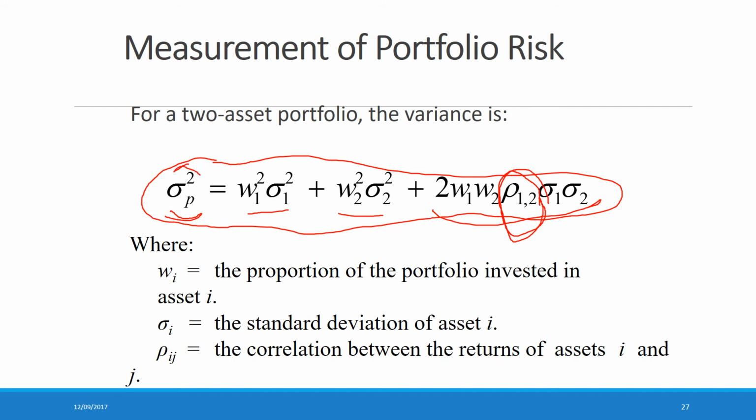If you have a smaller correlation, you would also have a lower variance of the portfolio. Alternatively, if you have a high level of correlation, then your variance would also be a bit higher. So this formula provides the foundation for diversification, which we'll be covering in part 2 of module 3.